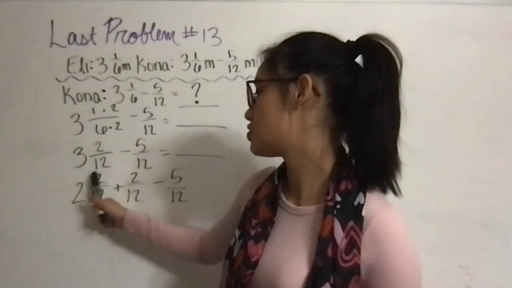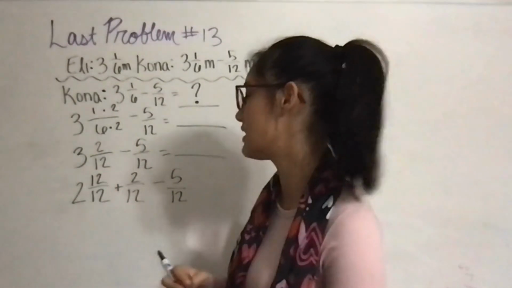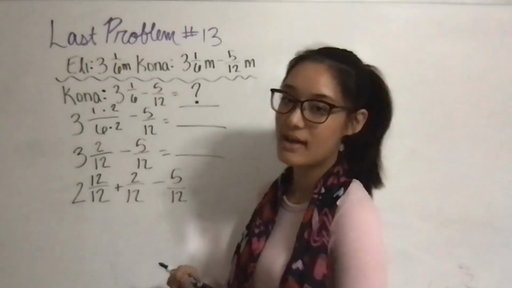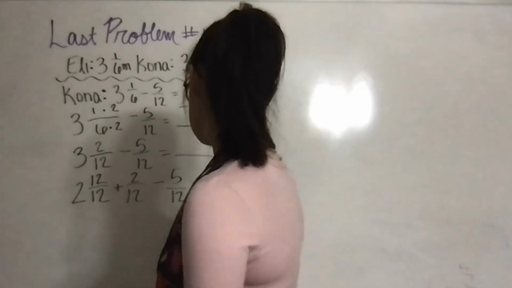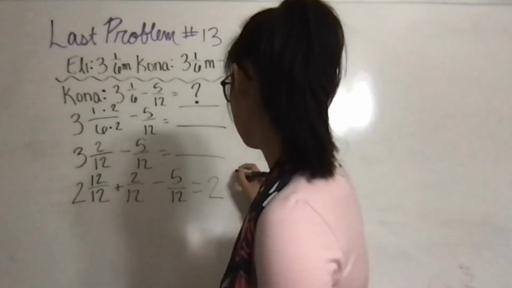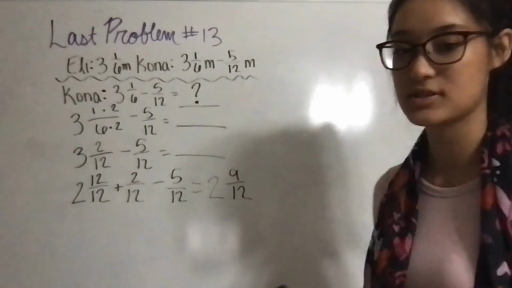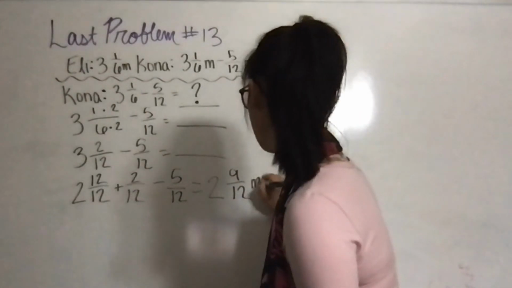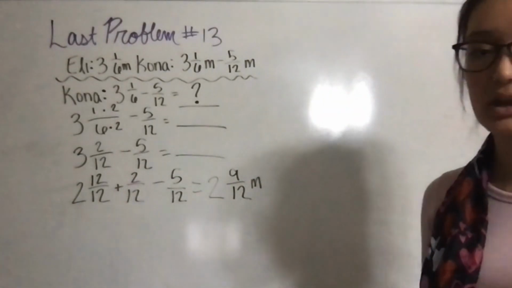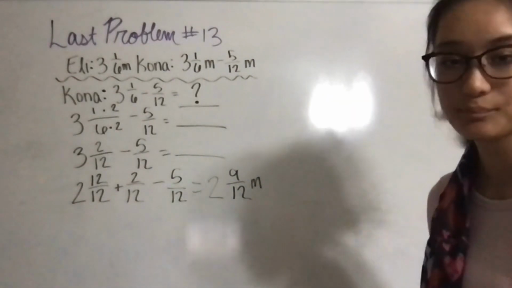Now, 2 plus 12 is 14, minus 5 is 9, so this is equal to 2 9/12. So, Kona bought 2 9/12 meters of ribbon.